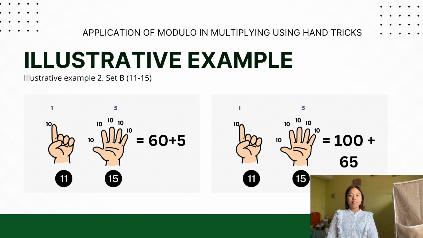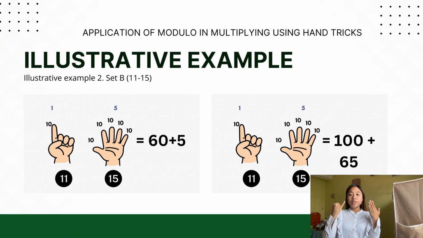For the next set, we have 11 times 15. So in this case, we are going to add 100. So let's try it. 10, 20, 30, 40, 50, 60. And then we are going to multiply these two. So 60 plus 5 times 1 is equal to 5.